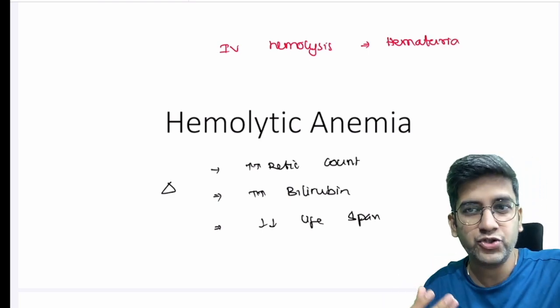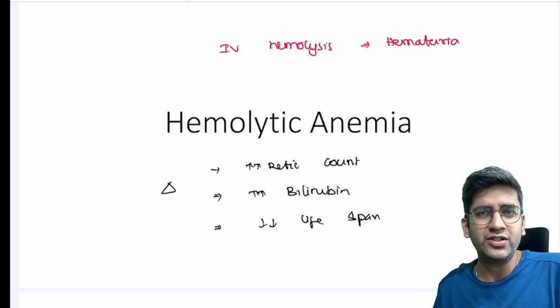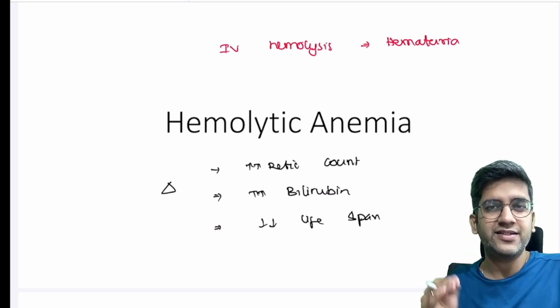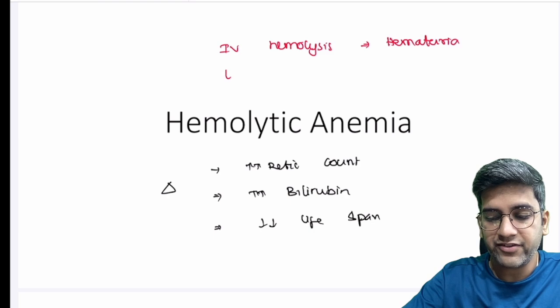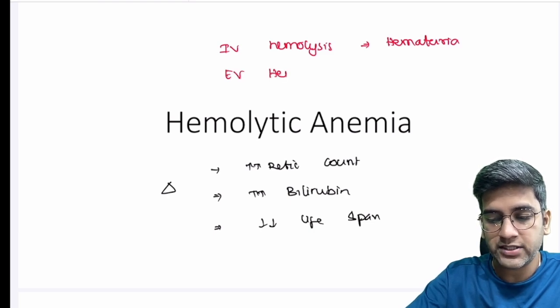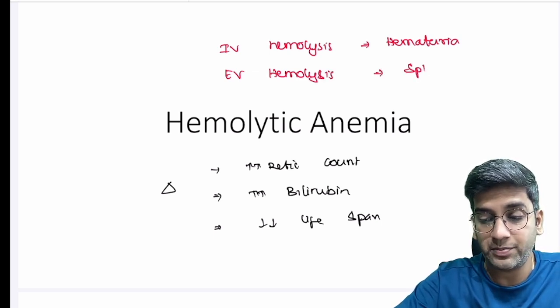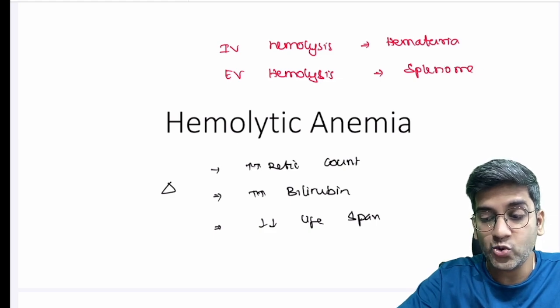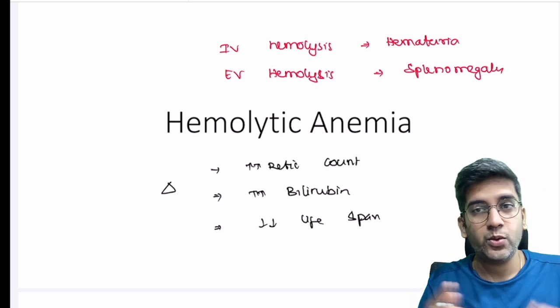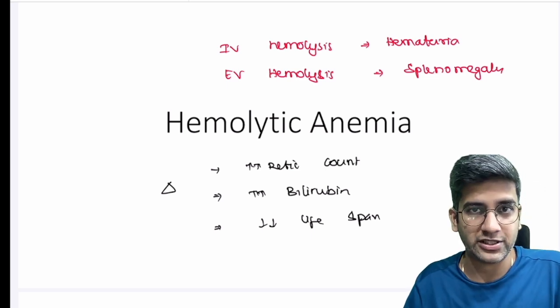So whenever you have hemoglobinuria or a red color urine, it's indirectly saying that the RBCs lyse inside the blood circulation, right? If it's going to be extravascular hemolysis, like in spleen or in liver, most likely in spleen, there'll be a history or an examination finding of splenomegaly, fine. So these two are characteristic clues for me to say whether it's an intravascular hemolysis or an extravascular hemolysis, right?